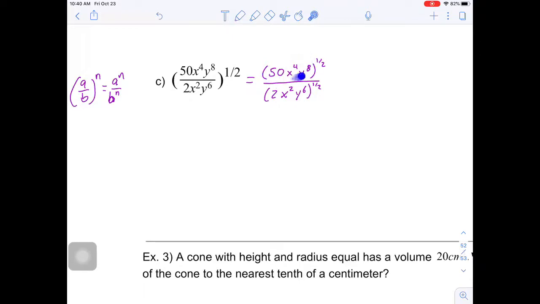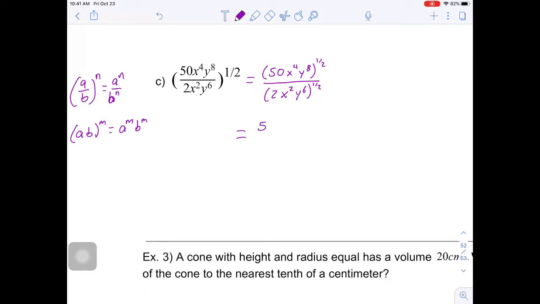Now what do I do here? Well, I'm going to apply this law: a times b to the power of m. Remember, if everything's just multiplying and there's an exponent, that exponent gets distributed and applied to every value in there. So I'm going to take my 1/2 exponent and apply it to each value.